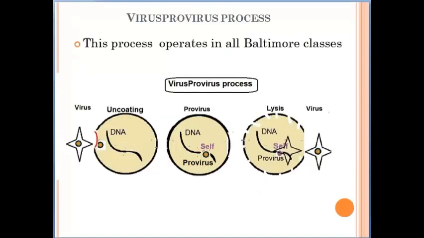So we are talking about a process which I call the virus-provirus process, and this process operates in all Baltimore classes. So here the virus attaches to a receptor, uncoating, and triggering the formation of a provirus, and the provirus stores the self of a cell and controls the formation of virions.